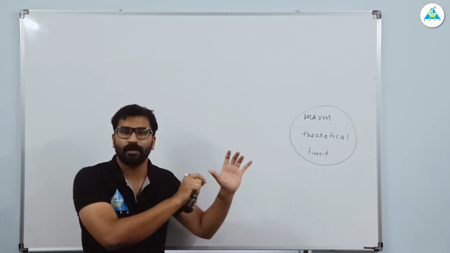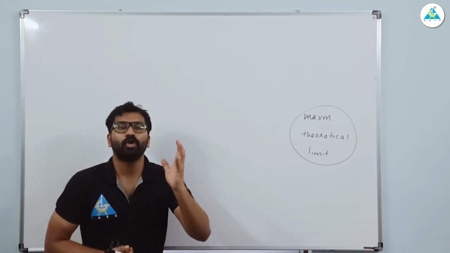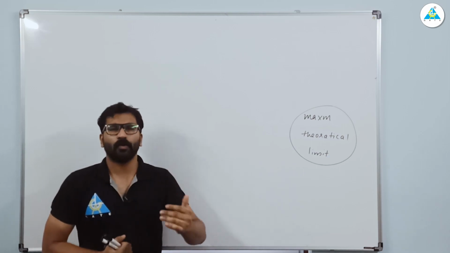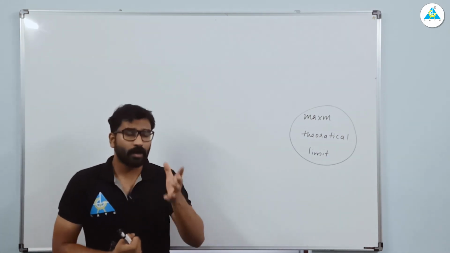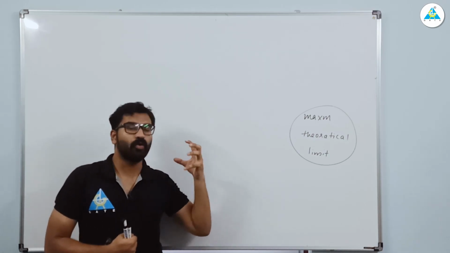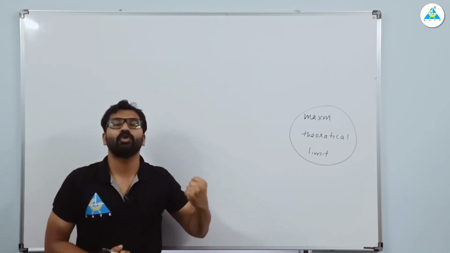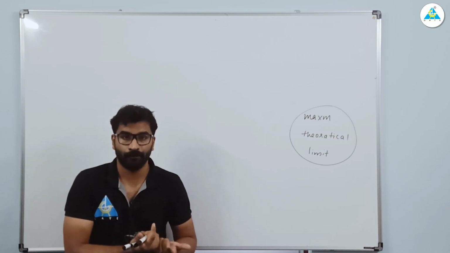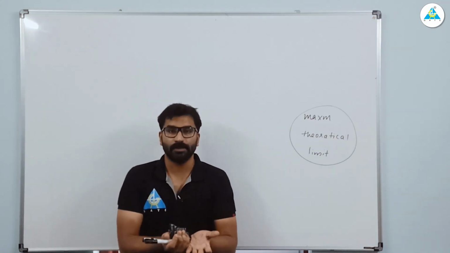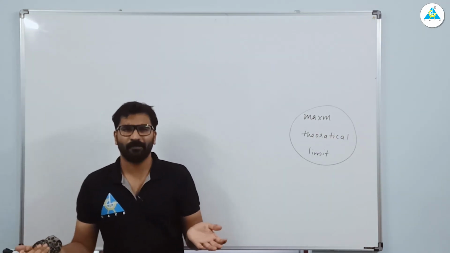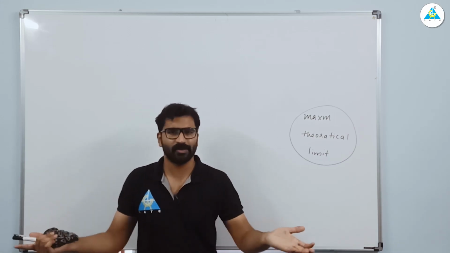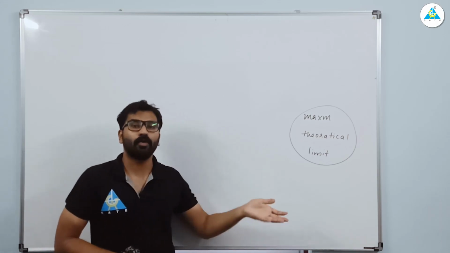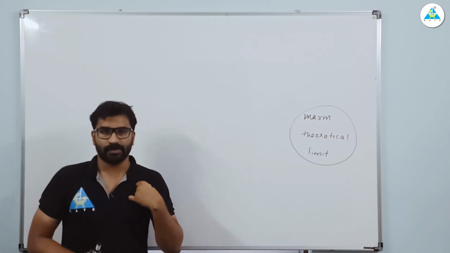That is what theoretically they say, according to your Carnot cycle, or according to whoever developed this, according to the second law: if we do these processes reversibly, you will get the maximum output, or the maximum result. That is obvious, right? In life, if you do everything ideally, you will get the maximum. So it is the same thing. How are we going to understand that? That is our question.